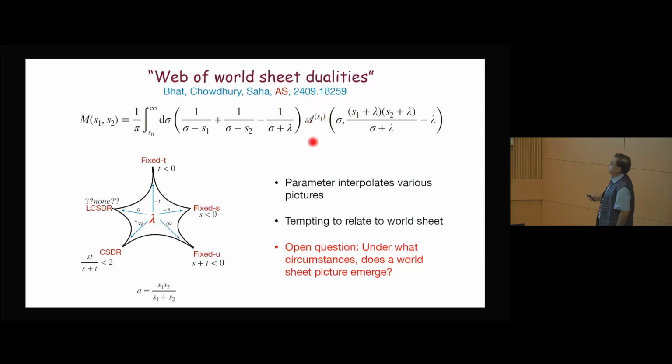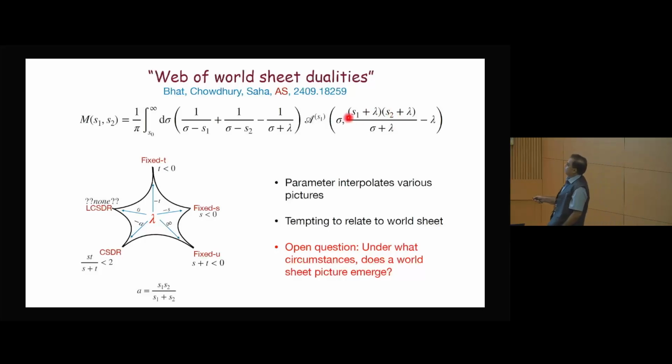So now I have presented it in a unifying manner rather than exhibiting it for the particular case. So you have these two channels, you have this regular piece, and now you have the S channel discontinuity, and the T variable in the S channel discontinuity gets replaced by this object here.